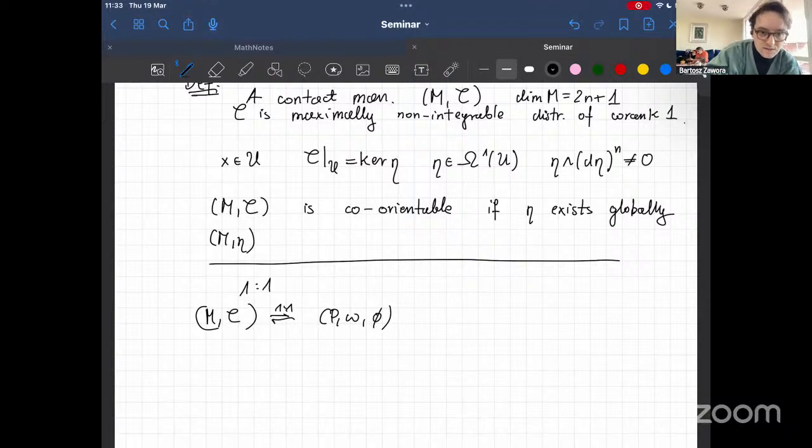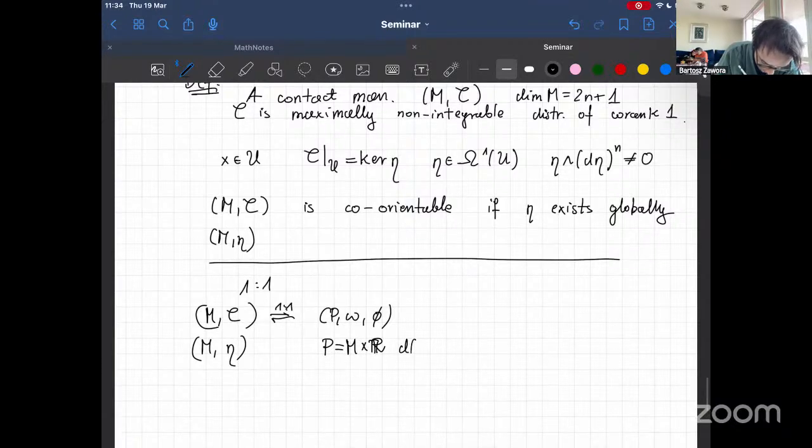But in a trivial case, when eta is coorientable, the correspondence is that we take P as M times R, and the symplectic form here is defined as d(s eta).